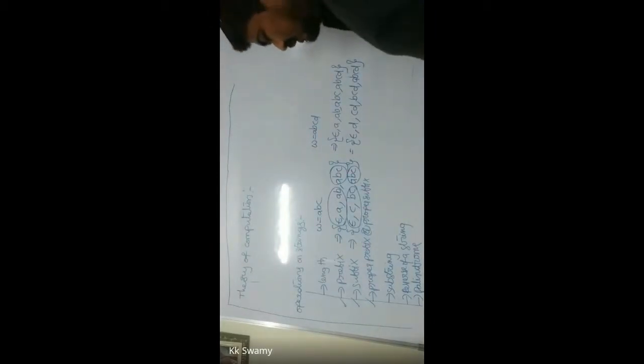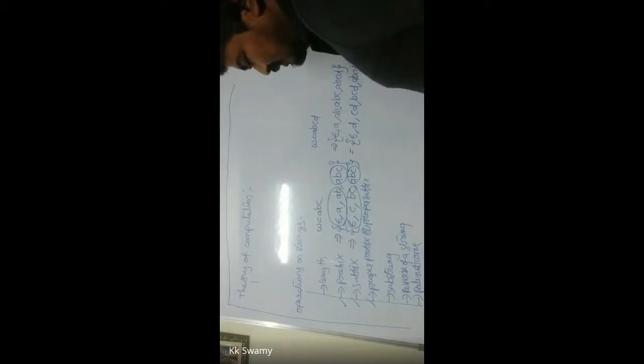Please note down one point from the GATE point of view. The string length is n. If the string length is n, how many possible prefixes, second, possible suffixes, and possible proper suffixes and proper prefixes are there?